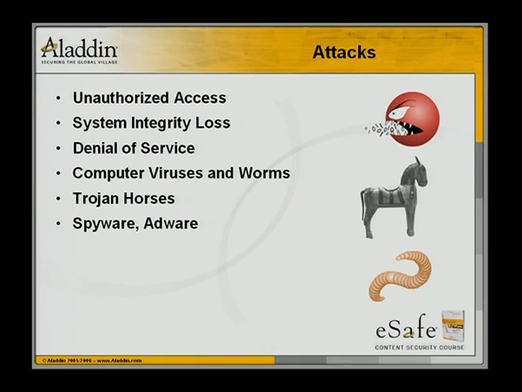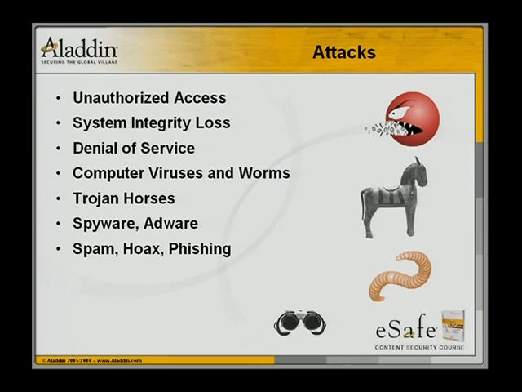Spyware or adware basically spies on your computer, spies on your surfing habits, and reports it to another web server in order for the web server to give you specific advertisements, specific suggestions for what to wear, what to drink, what to eat, and so on.